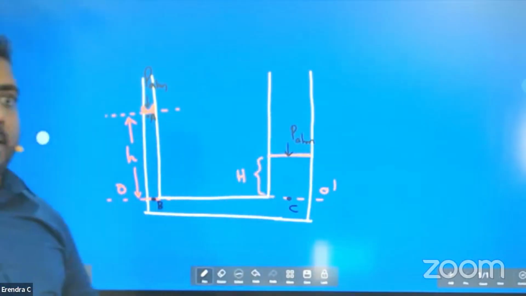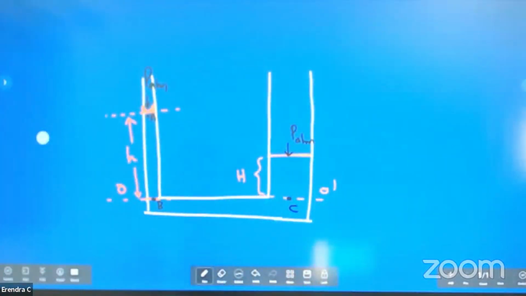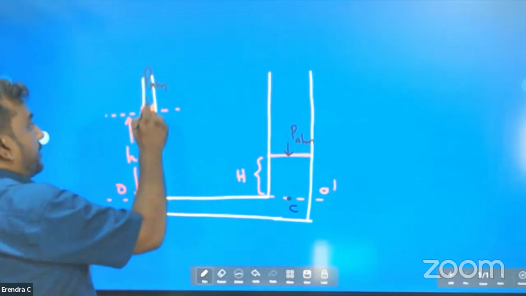Remember, in wider tubes there is less effect taking place. In thinner tubes, there will be capillary effect taking place. Now look at this carefully. When you are writing this, let's say the radius is simple r.